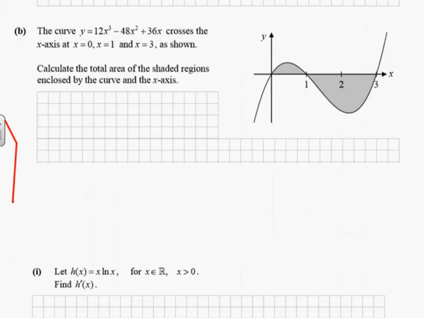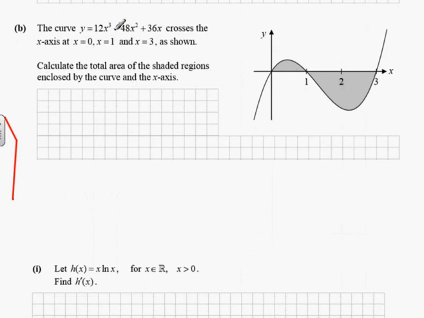Now part 2: the curve 12x cubed minus 48x squared plus 36x crosses the x-axis at 0, 1 and 3, as shown. Calculate the total area of the region enclosed by the curve and the x-axis.